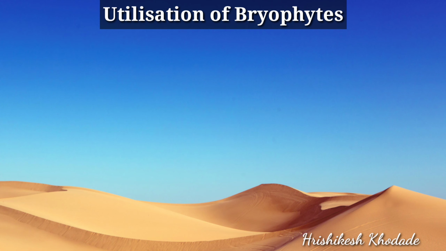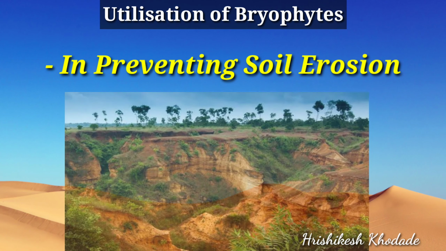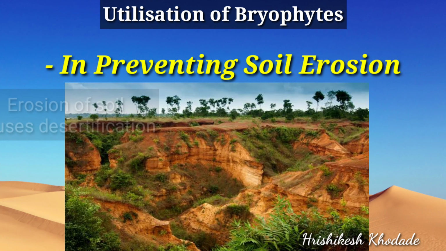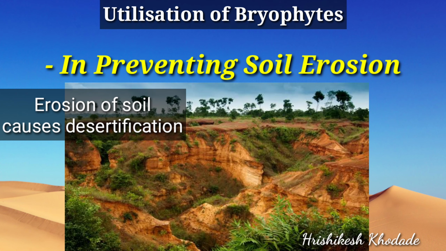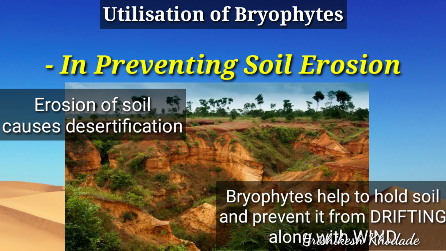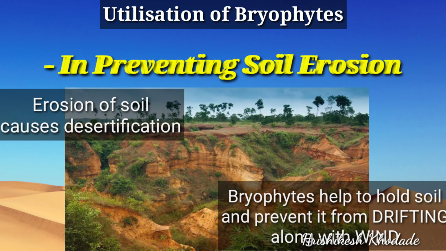Now the bryophytes are also used as a preventive measure for soil erosion. Whenever a particular soil starts to erode, the important portion of the soil which is used by the plant for growing is lost, and the erosion process is very harmful from an environmental perspective. Bryophytes prevent that soil erosion.